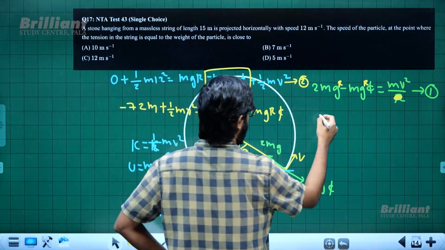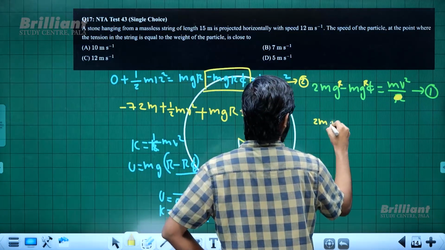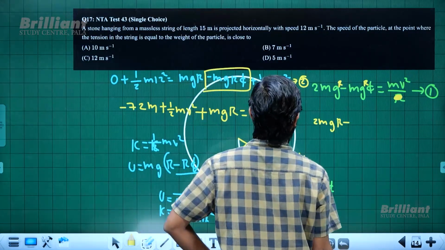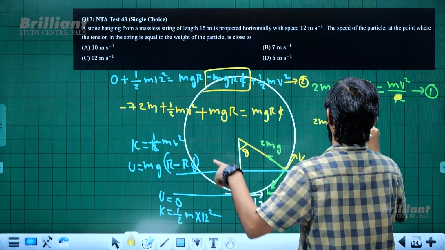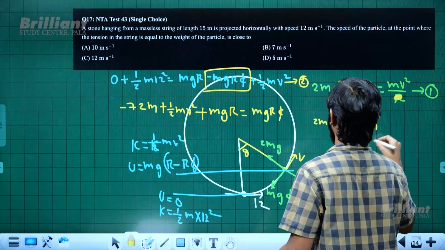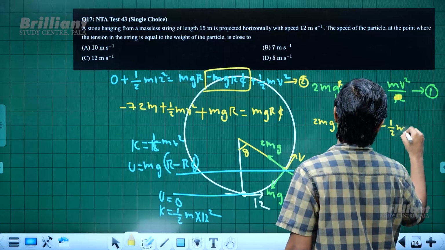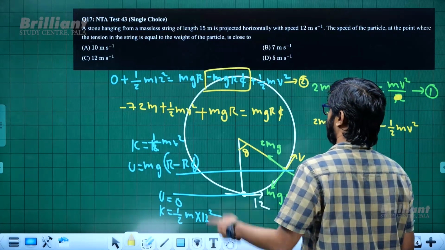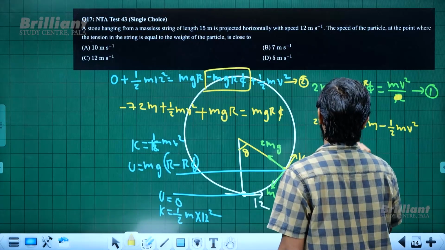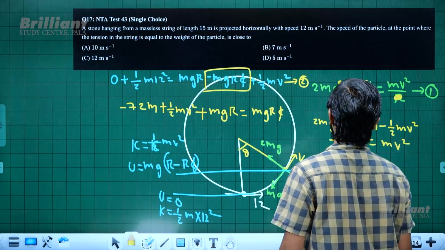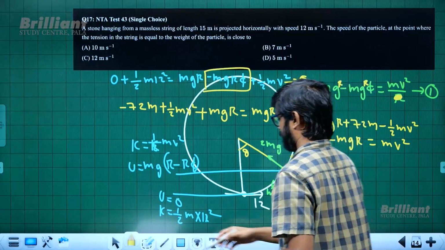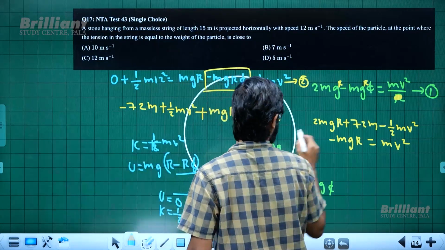So I can substitute it back. I will be getting 2 mgr minus mgr cos theta, which will be plus 72m minus half m v square minus mgr, equals m v square. Okay, I can cut m.